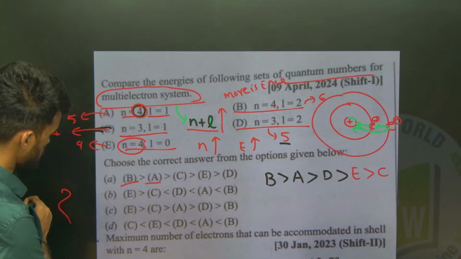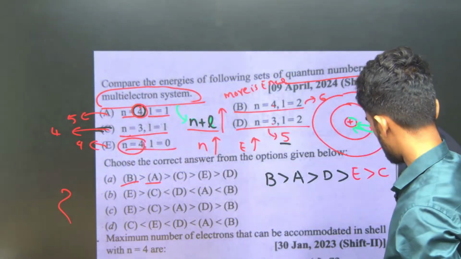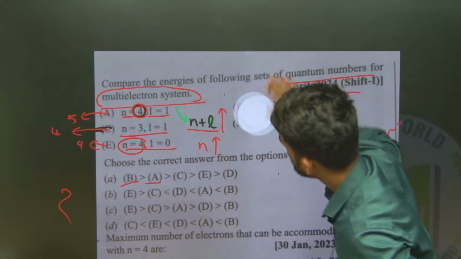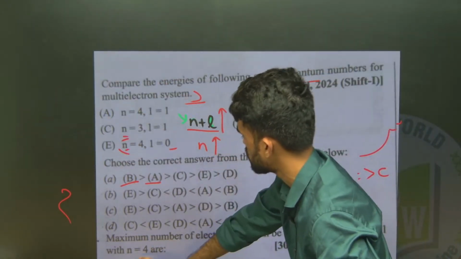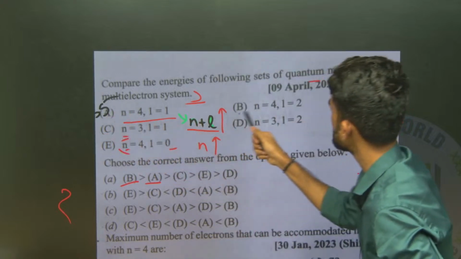Just check the n plus l values once again. The n plus l value is 5 in the first case. In the second case it is 6.